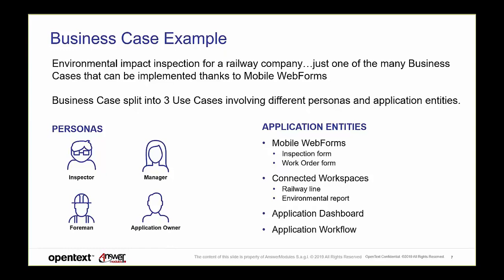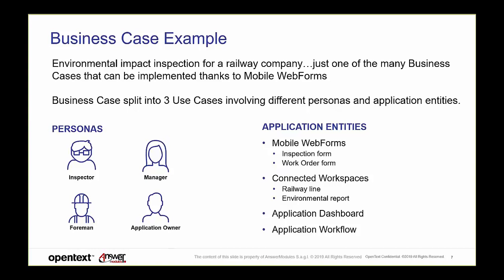In terms of the application entities that we'll be seeing throughout the 3 use cases, we have 2 mobile web forms: a form used by an inspector, and a form utilized by the foreman, respectively the inspection and work order forms.